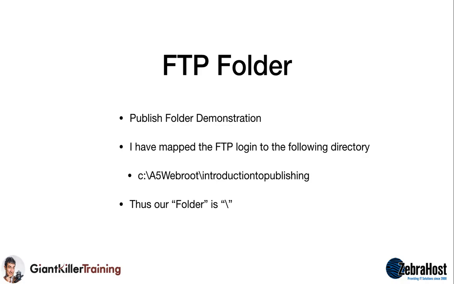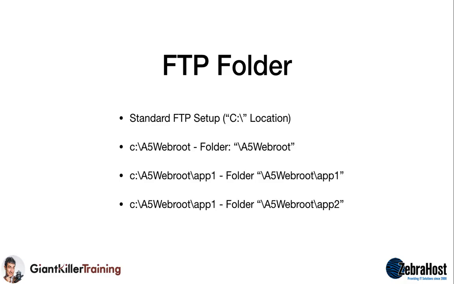When we did our publish folder demonstration, you'll notice that we just used a backslash. The reason why is we have already mapped to the directory we want to go to on the server. That's a fact of how my FTP server works, but in your case, that may be different. If, for instance, you're using a standard FTP and it maps to the root, then you're going to need to actually put in the path to get to the A5Webroot.